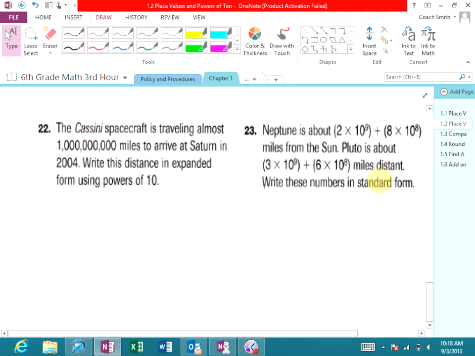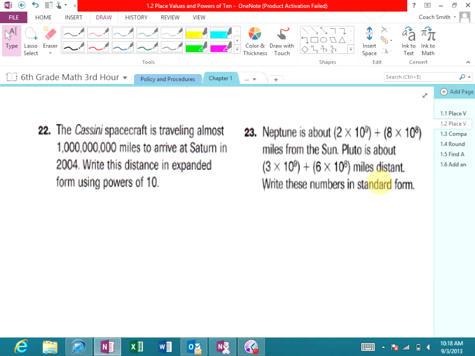Okay, before I get started, let's look at number 22. All right, let me help you on these word problems real quick, and then that'll leave you with two you got to do on your own. It says the Cassini spacecraft is traveling almost 1 billion miles to arrive at Saturn in 2004. Write this distance in expanded form using powers of 10.